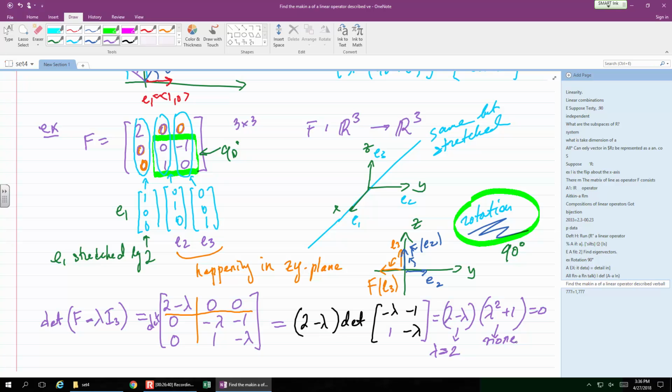Vectors, eigenvalues, the kernel, image, representations of linear operators by matrices, linearity. I'm not sure we talked about that sufficiently. Linearity of linear operators.